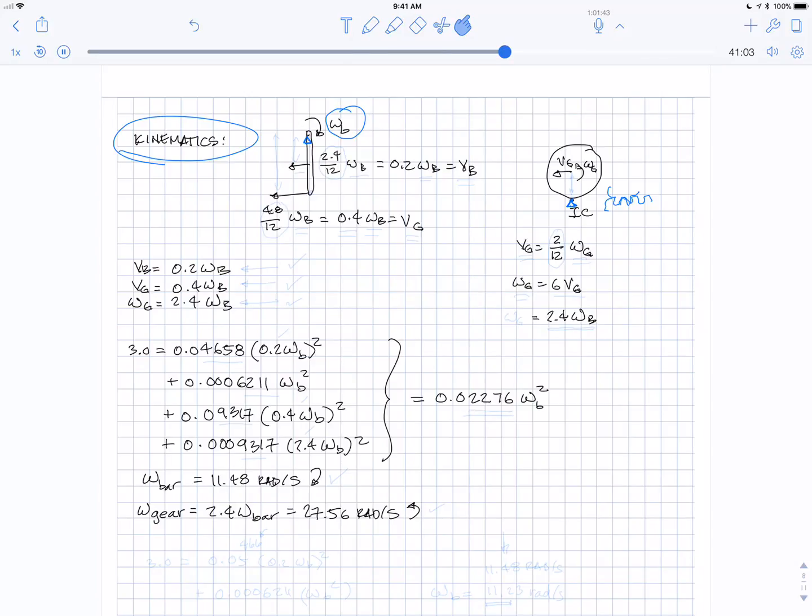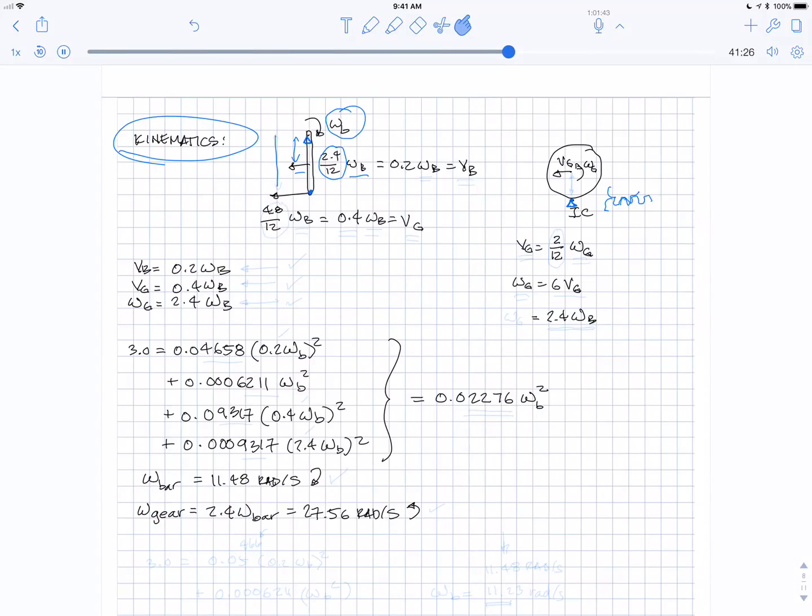We know that the velocity of the bar at its center of mass is this distance, which is 2.4 inches, and again, I'm turning everything into feet, times omega of the bar. And the gear happens to be attached to the end of the bar, the center of the gear. So that's the velocity of the gear.